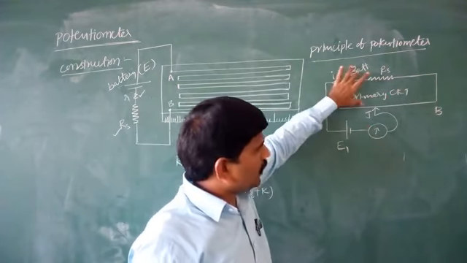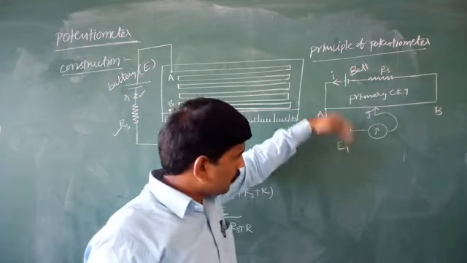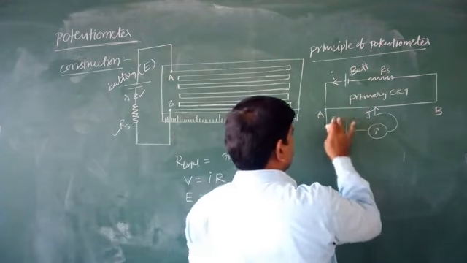Above the potentiometer wire is the primary circuit, and below the potentiometer wire is the secondary circuit.